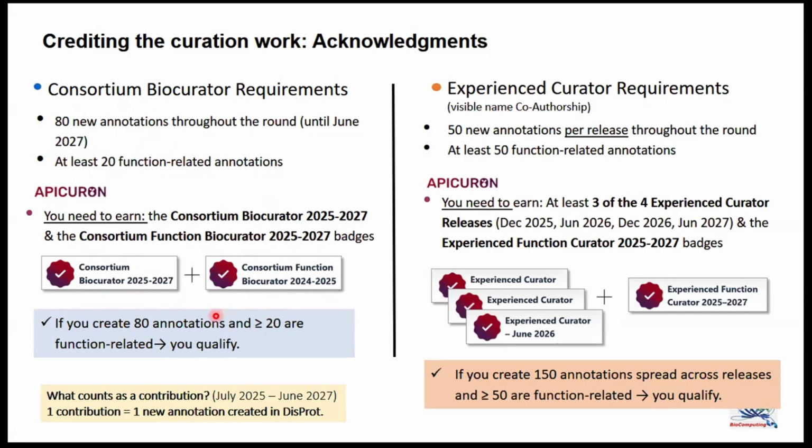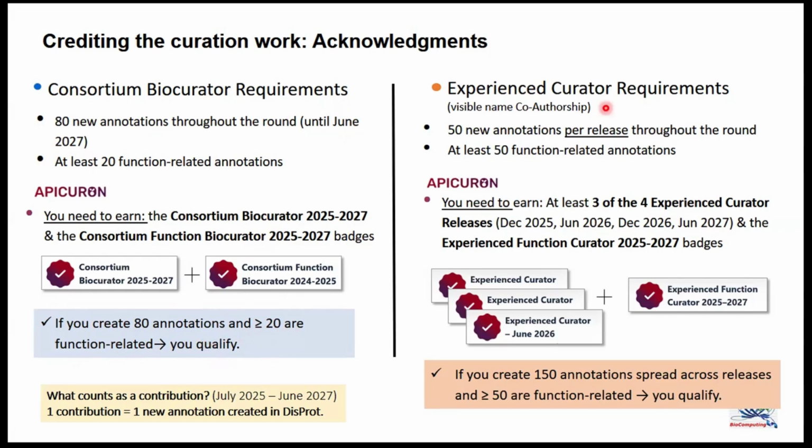So basically, to sum up, if you create 80 annotations in the 2 years before June 2027, and 20 or more of these 80 are related to functions, you qualify, okay?